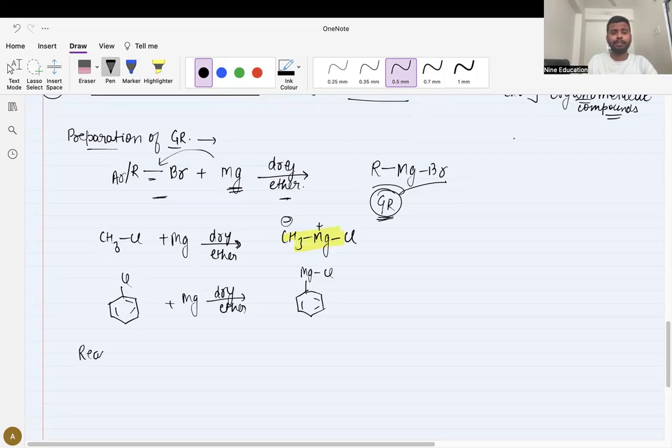Now we will see reactions. This was preparation. Now we will see reactions of Grignard reagent.